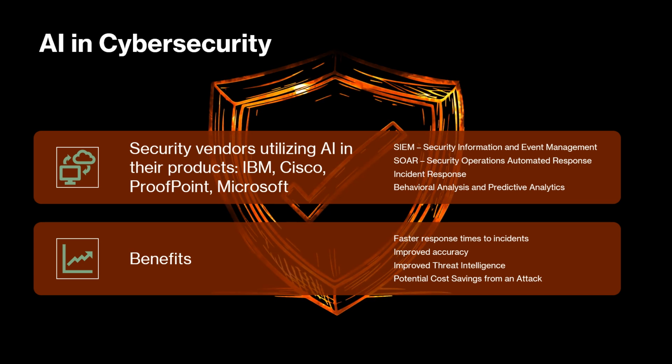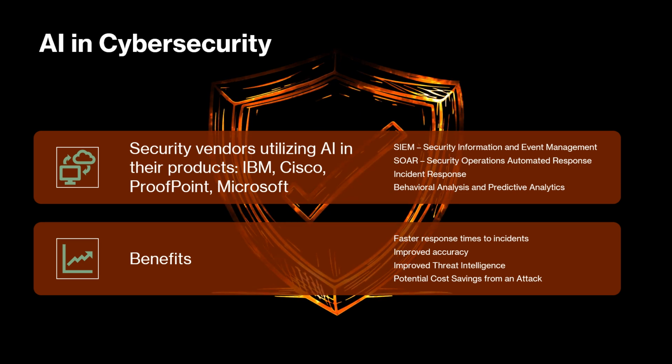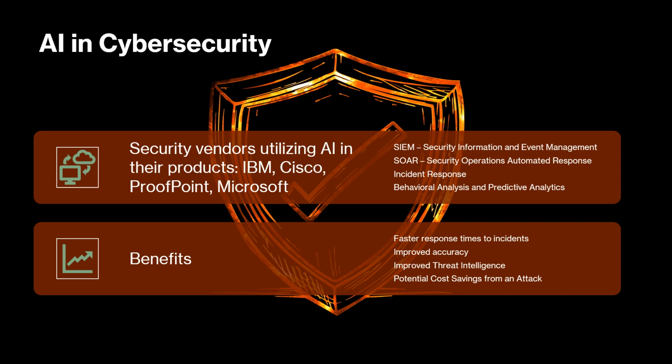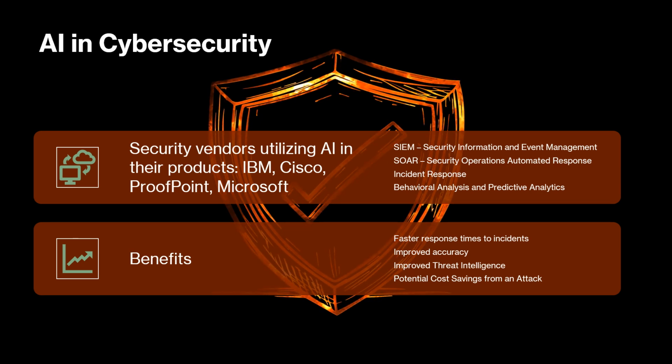And the benefit of this is, I just said, very quickly. Response times to incidents can be the difference between a few dollars and thousands or millions of dollars of impact to an organization. Improved accuracy. Now we're focusing more on legitimate true positives.